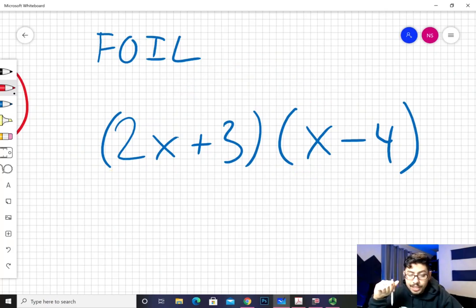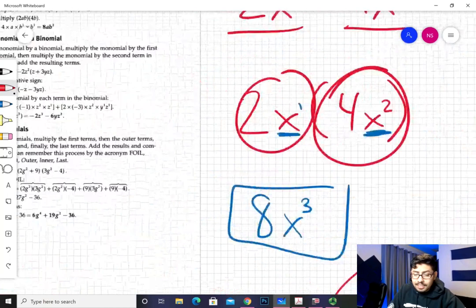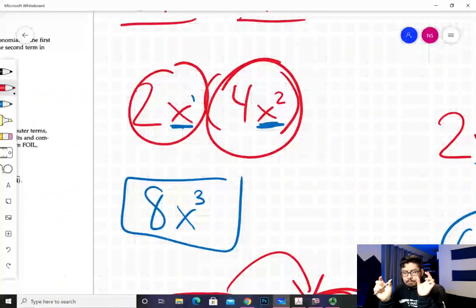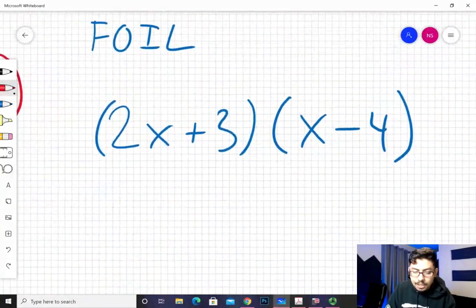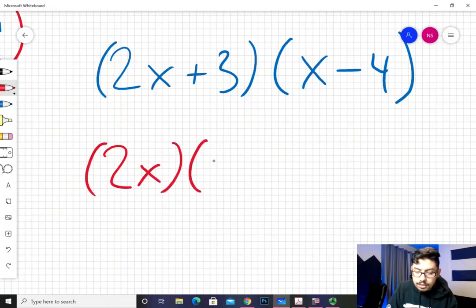So what do we get when we do 2x times x? Like I said, all it is that very first lesson we did. You're just focusing on one term times one term. Just think of it as if it looked like this: 2x times x.